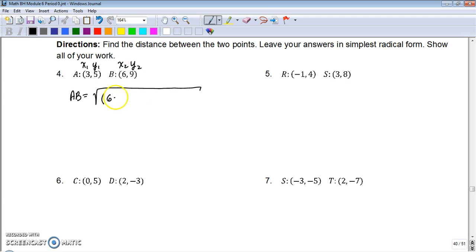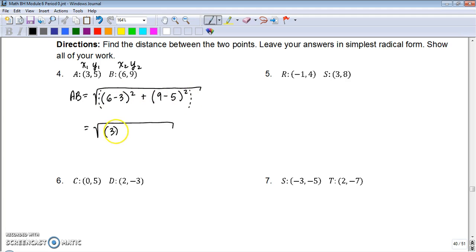So I have 6 minus 3 squared plus 9 minus 5 squared. There have been some examples in the module that have shown that we cannot cancel the square root and the squaring, because we first have to add these. It's almost like there's another set of parentheses or brackets around these that we need to do first.